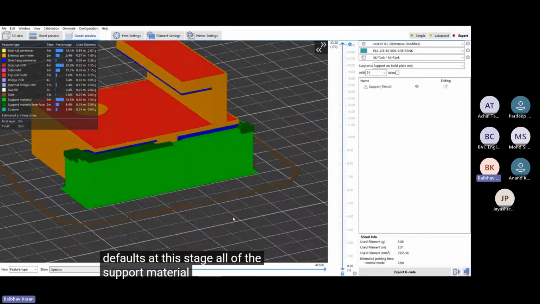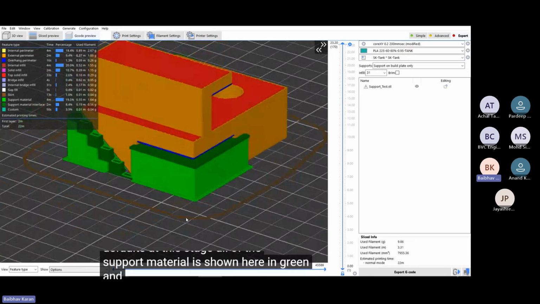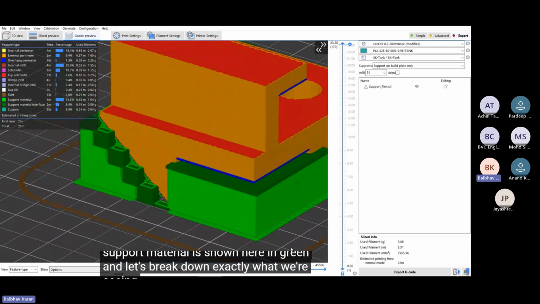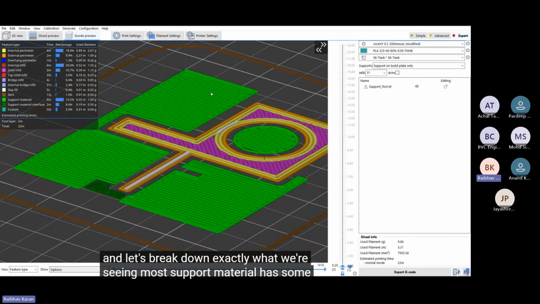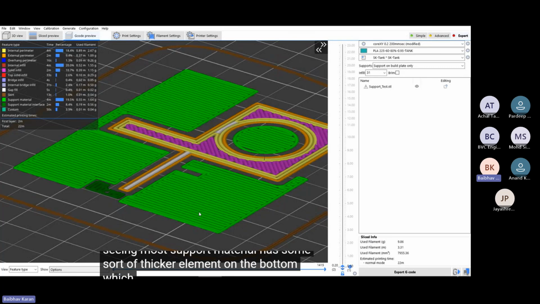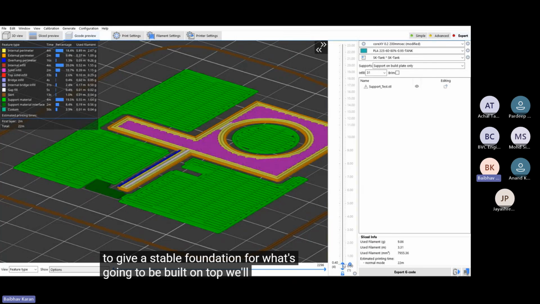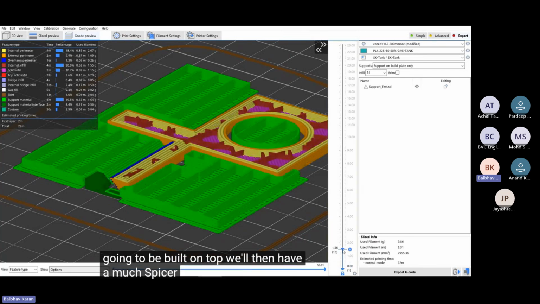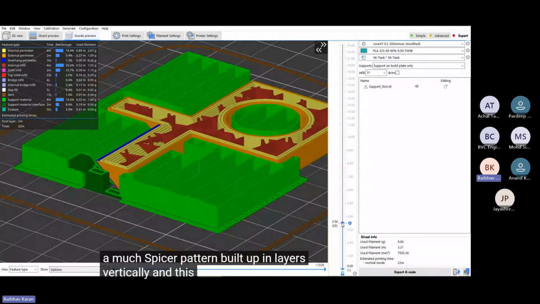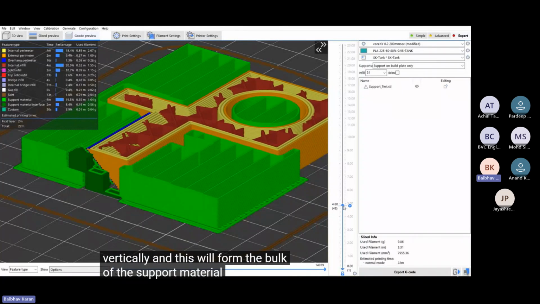All of the support material is shown here in green, and let's break down exactly what we're seeing. Most support material has some sort of thicker element on the bottom, which we can refer to as a raft. This is to give a stable foundation for what's going to be built on top. We'll then have a much sparser pattern, built up in layers vertically, and this will form the bulk of the support material.